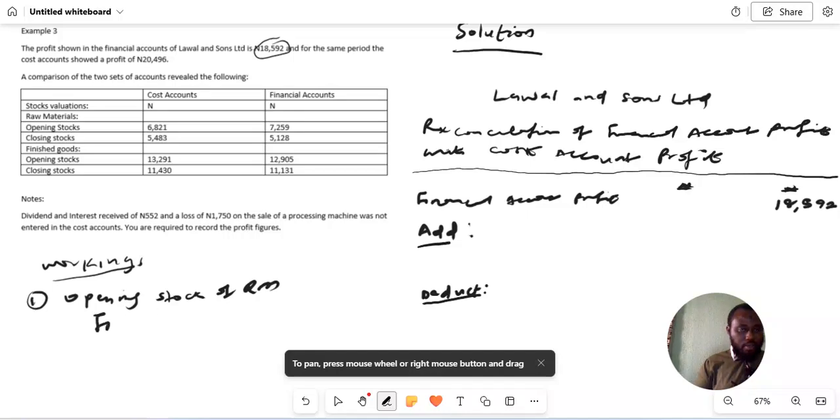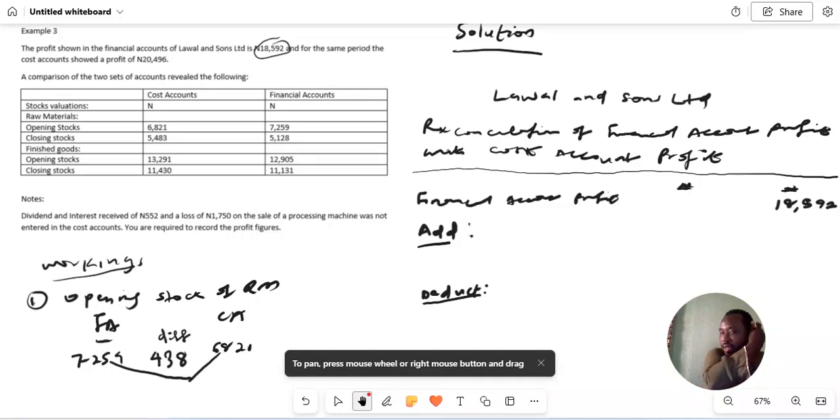So we have the FA and we have the CA. Now the opening stock of RM for FA is 7,259, which shows that this is higher, and that for CA is 6,821. So it shows that we have a difference of 438.